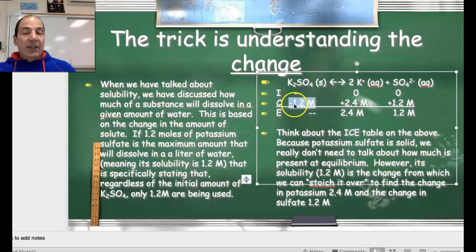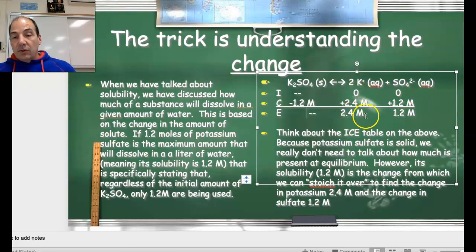That's its change. Now, again, it's a solid. It doesn't matter, but it's setting up the stoichiometry. What is the ratio between potassium sulfate and potassium? Well, it's a 2-to-1 ratio. So that means that if this is dissolving by 1.2 molar, then I'm getting 2.4 molar concentration of potassium ions, and I'm getting 1.2 molar concentration of sulfate ions increasing.